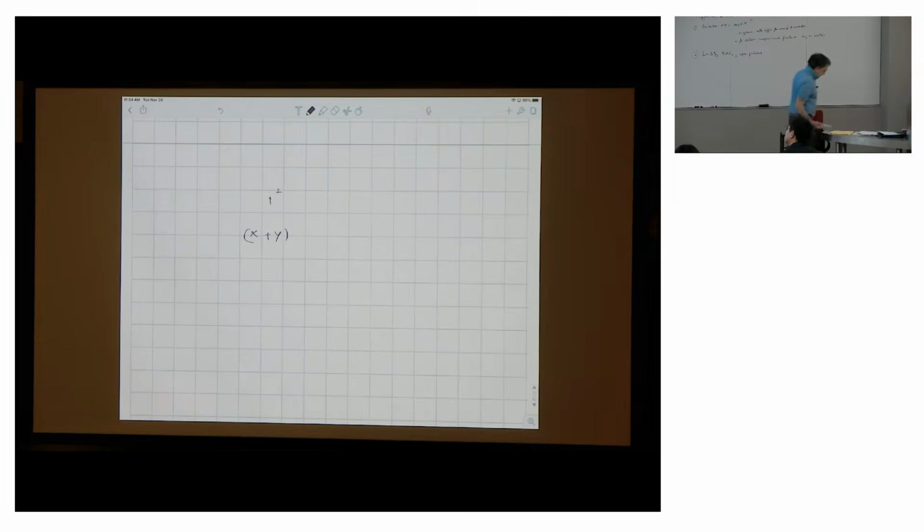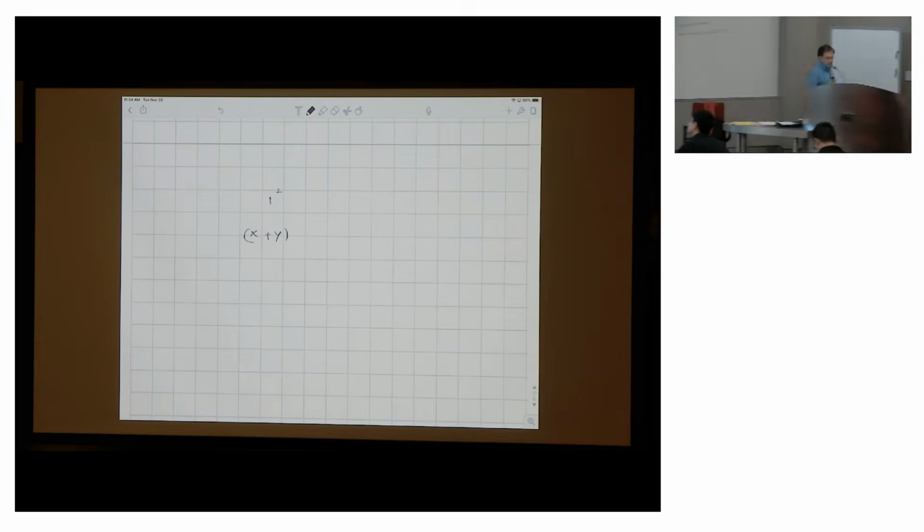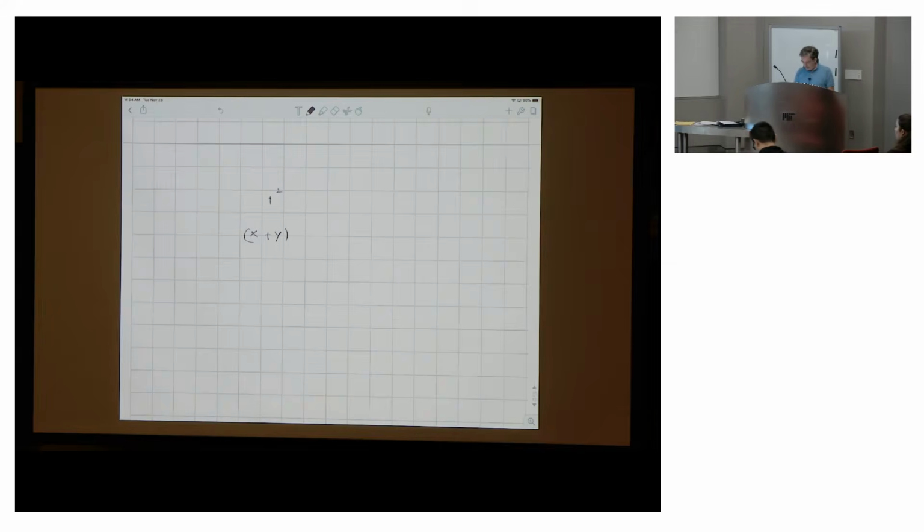The way to get it is to do the square of x plus y, and then subtract the square of x minus y. This will give me something proportional to xy, right? Do you see this?